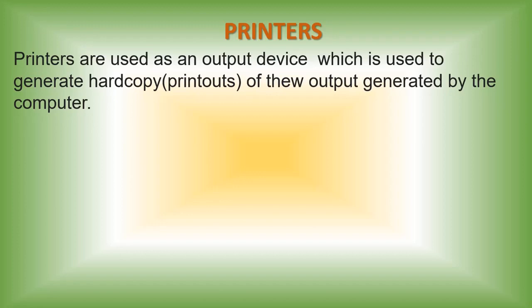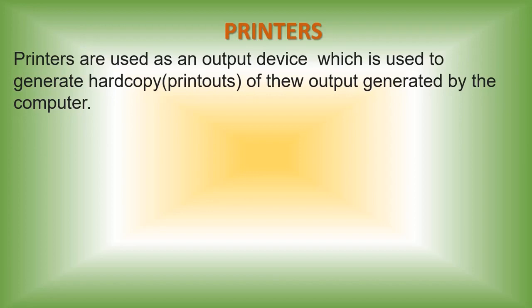Soft copy means you can see the output on the screen. See the difference between soft copy and hard copy. So printer is another commonly used output device which is used to generate hard copy of the output.